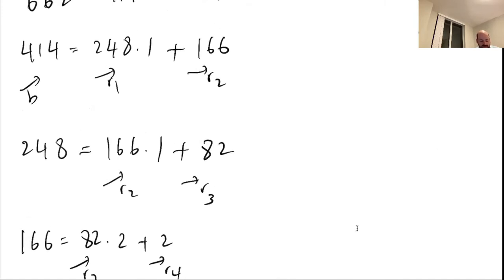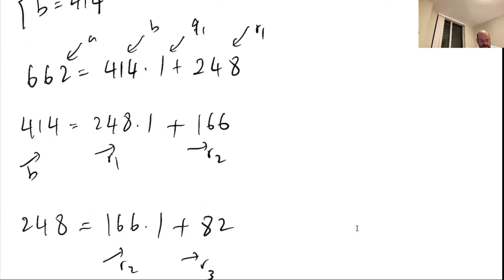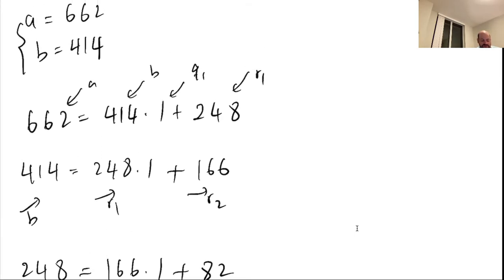And one step before that, 166 and 82 was the same as 248 and 166. One step before that, GCD of 248 and 166 was the same as 414 and 248. And one step before that, GCD of 662 and 414 is the same as 414 and 248.